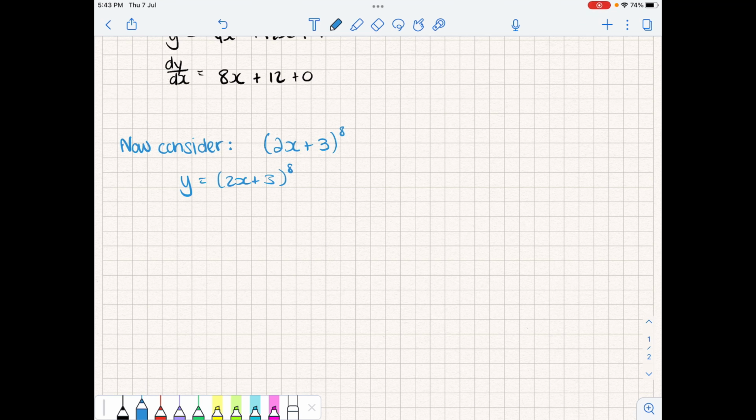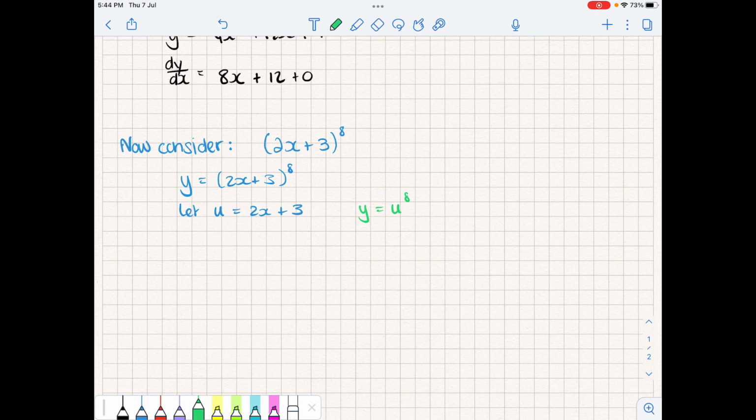So we're going to say let u equal 2x plus 3. So instead of having 2x plus 3 in a bracket to the power of 8, we can substitute in this u, and so what we have on the other side is y equal to u to the power of 8.